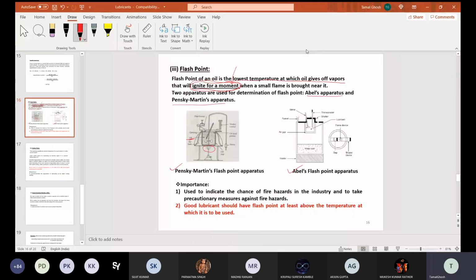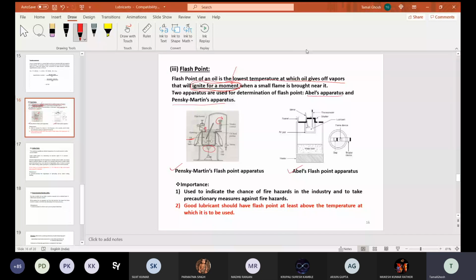As we are heating the oil directly, the vapor will come out from this outlet. For this opening we have a shutter. If you rotate the shutter, the opening will open and vapor will come out.